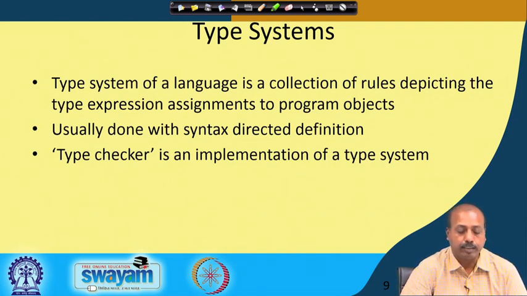So, they will be collected in the type system, and it is usually done with a syntax directed definition. So, it is done with syntax directed definition, which means that you can have the type checks and all, and they will be implemented by means of the syntax directed translation scheme.